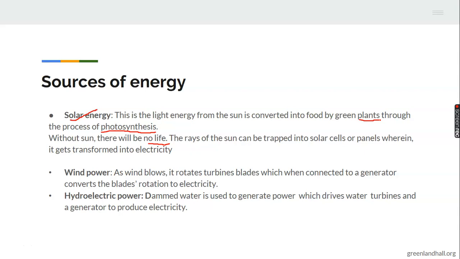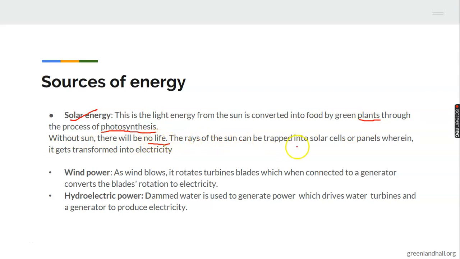Most of the things we eat are plants: either we eat vegetables, we eat beans, we eat rice. In short, virtually everything is made of plants. So you understand when I said without sun, there will be no life.